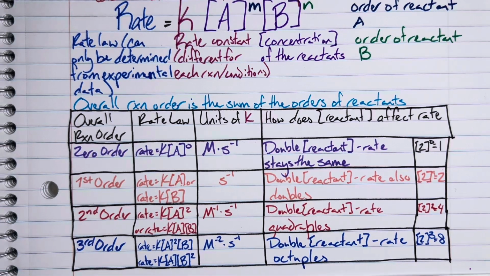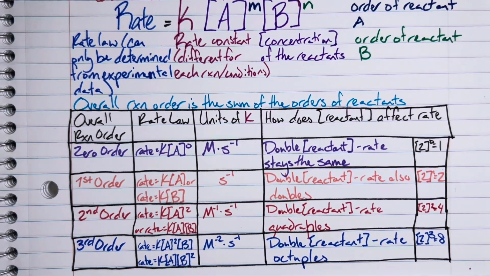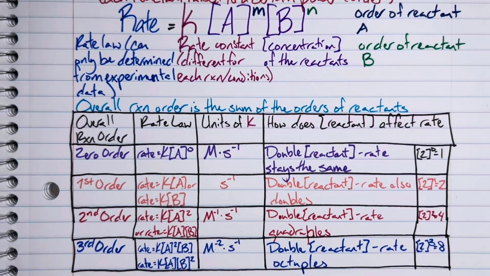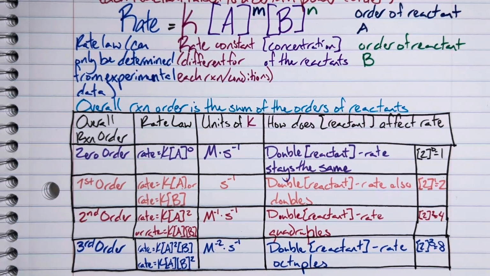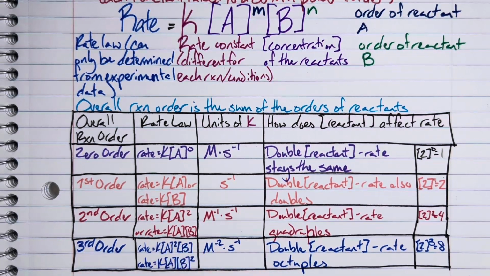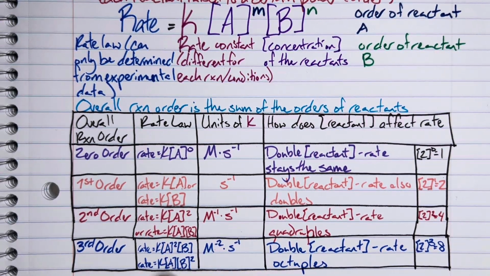Third order reactions, my rate can be described as K multiplied by the concentration of A squared multiplied by B, or my K times my concentration of A multiplied by my concentration of B squared. Again, the superscripts for each of these reactants added together are going to give me my overall order of reaction.